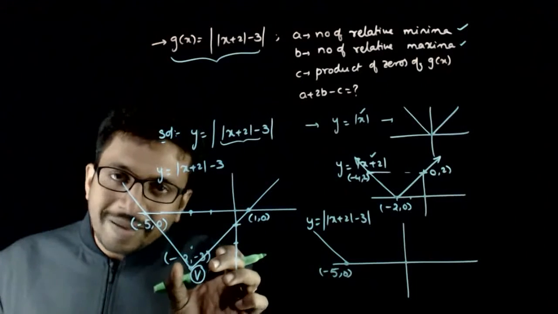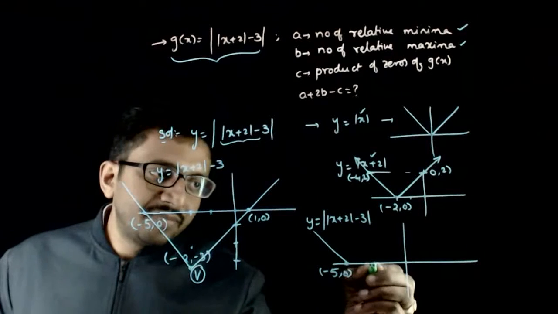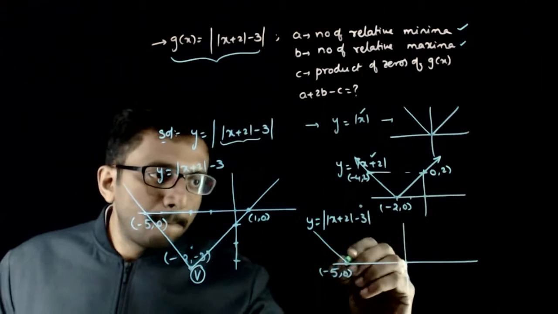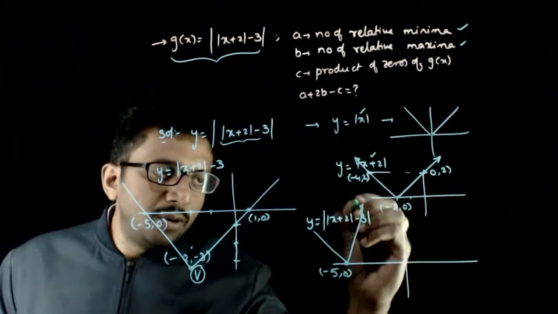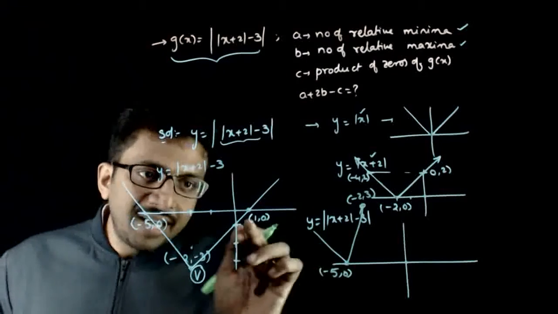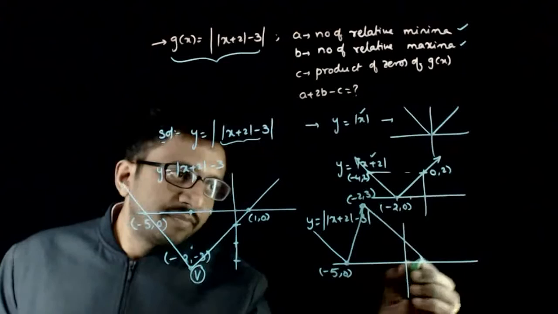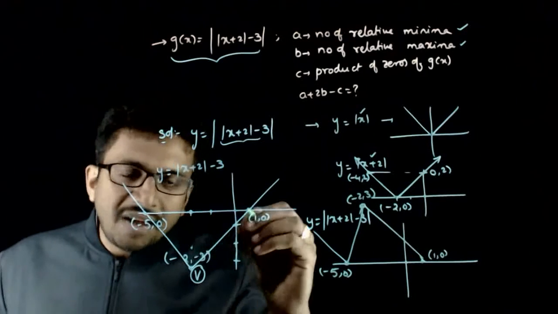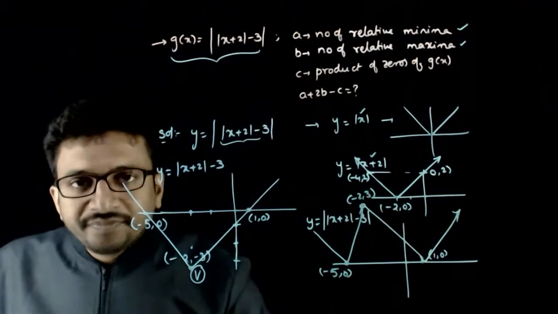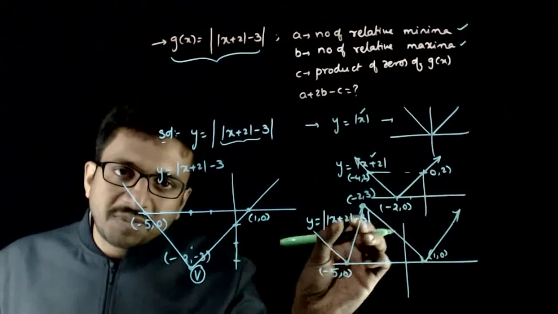So minus 2 comma minus 3 becomes minus 2 comma plus 3, and it comes back at 1 comma 0. After this the graph is again above the x-axis, so it goes on as it is. This is how the graph looks.